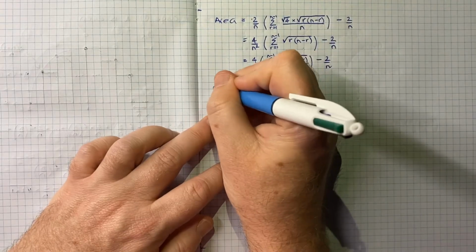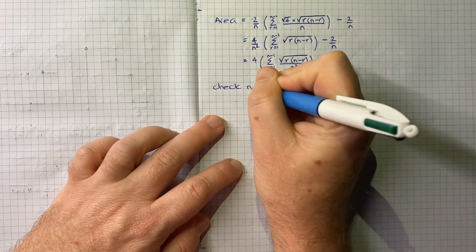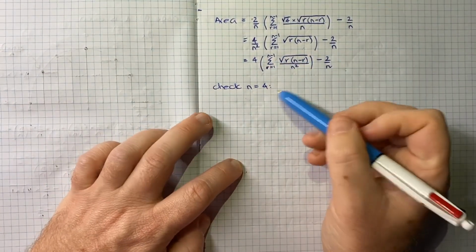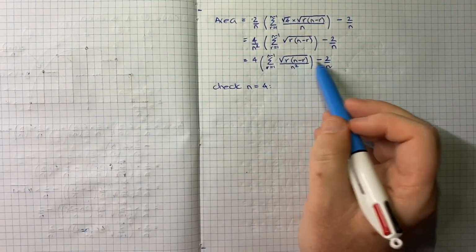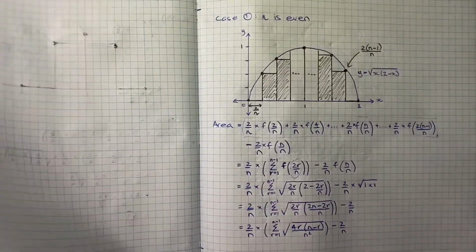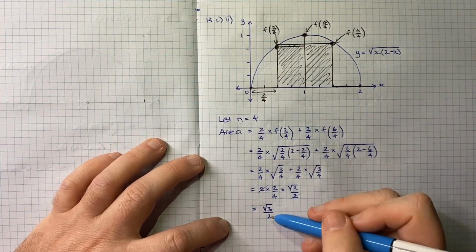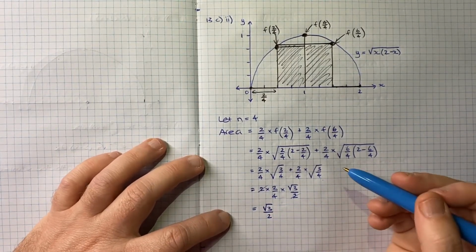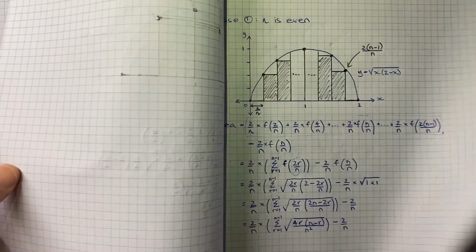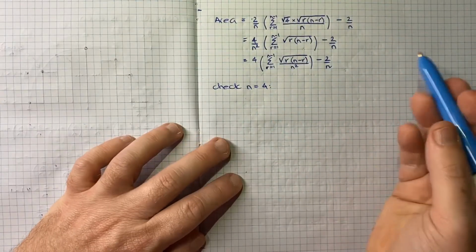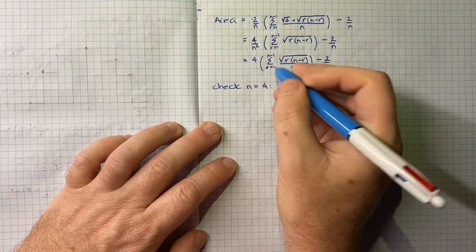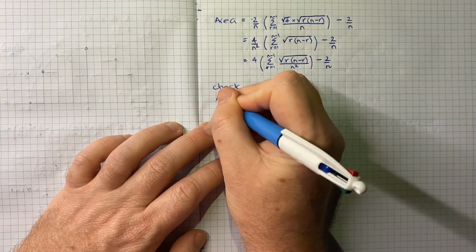Let's check it for when n is equal to 4, because if I substitute 4 in here and I don't get the square root of 3 on 2, then I'm in trouble. But if I do get the square root of 3 on 2, that gives us comfort that we've worked through this correctly. So let's check. So when n is equal to 4 in this formula, what is the area?